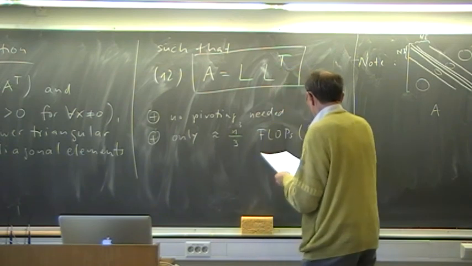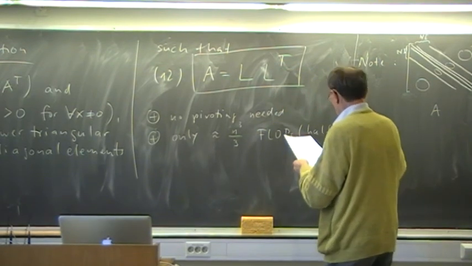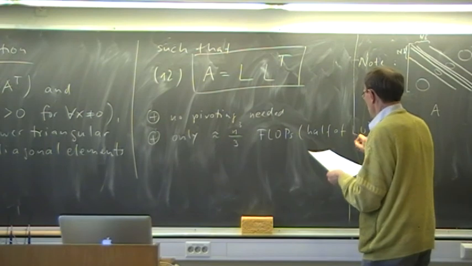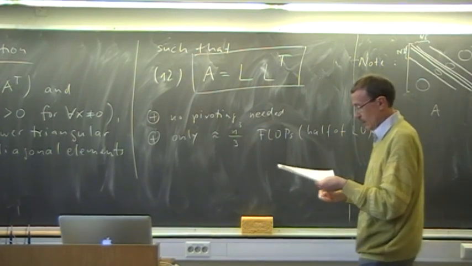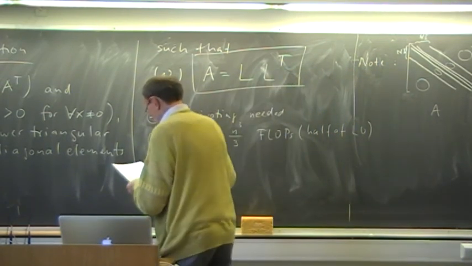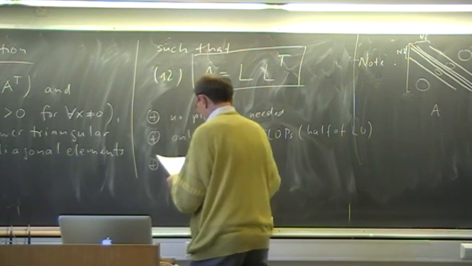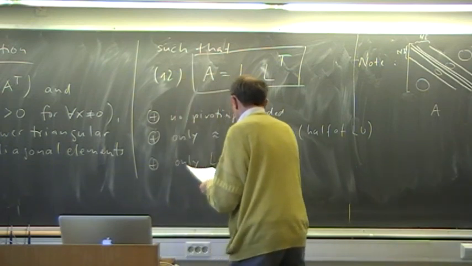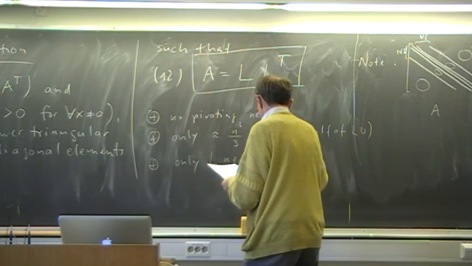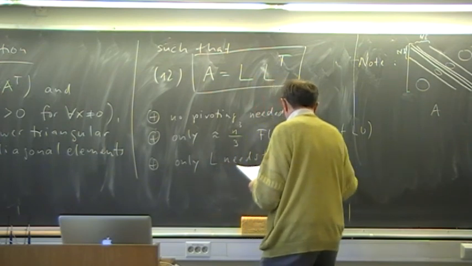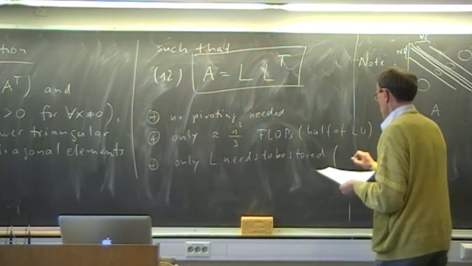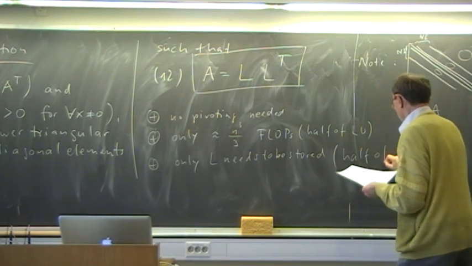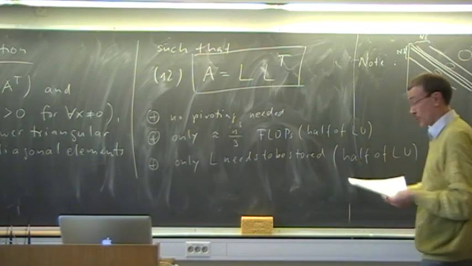So that is half of LU, which has 2/3. And the other advantage is only L needs to be stored. And that is also half of LU, so we don't need to store the U.